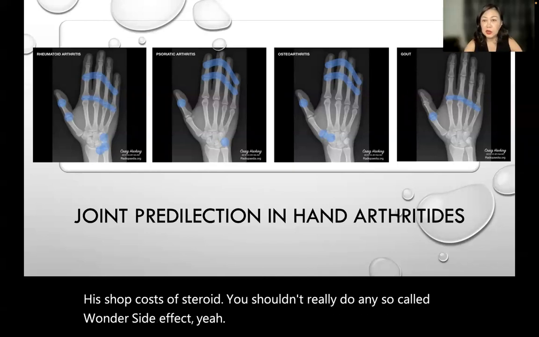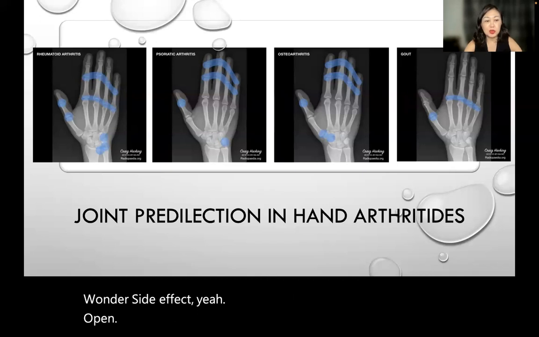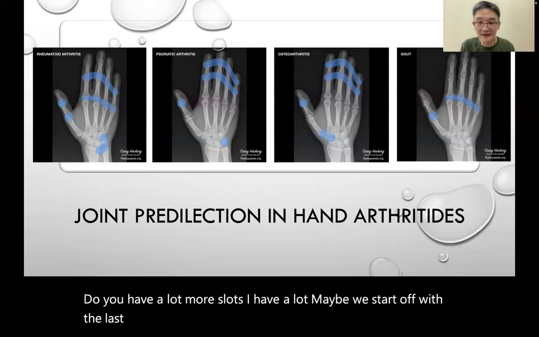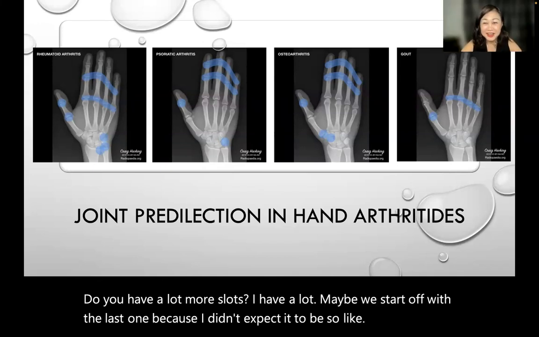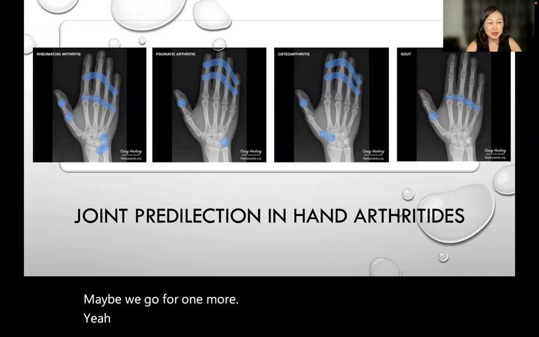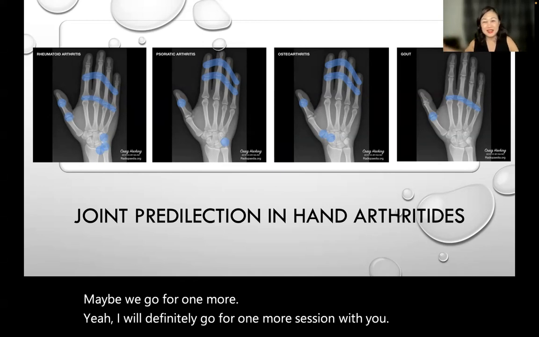Okay. Now, do you have a lot more slides? I have a lot. Maybe we'll start off with the last one, because I didn't expect it to be so long. Maybe we'll go for one more. Yeah, I will definitely go for one more session with you. The only problem is my Wednesday session is full until July.